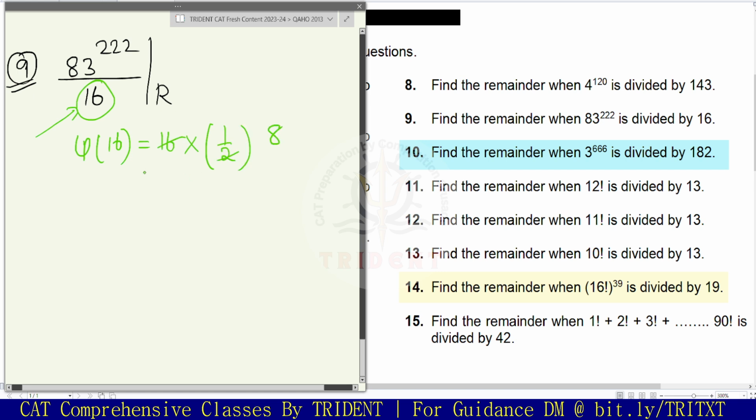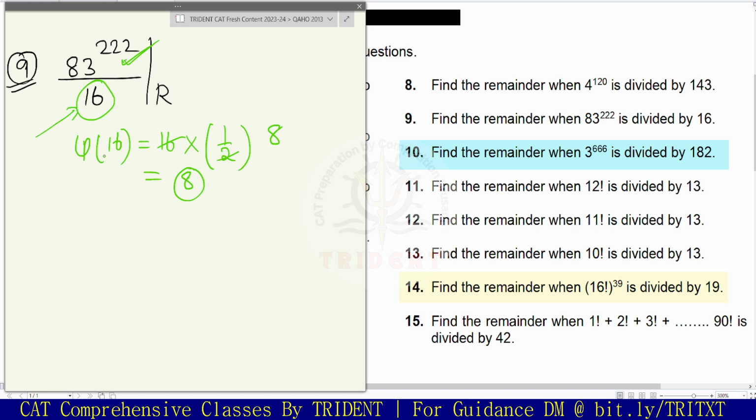So the totient function of 16 comes out to be 8. Now I need to make sure that this power on which 83 is raised to, one way or the other we need to reach 222. I don't know if I am able to explain.